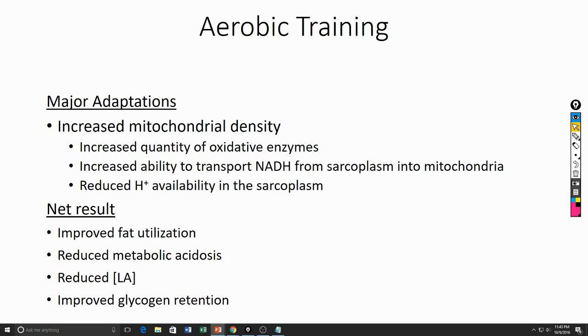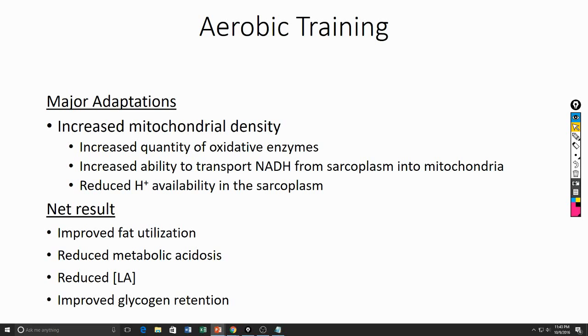So, major adaptations within aerobic training. The big one, increased mitochondrial density. Okay, so if you're increasing mitochondrial density, you're increasing the size of that warehouse. Okay, so a bigger warehouse, a bigger mitochondria gives you more oxidative enzymes. It also increases your ability for that NADH to function.